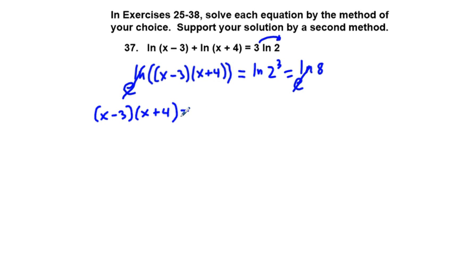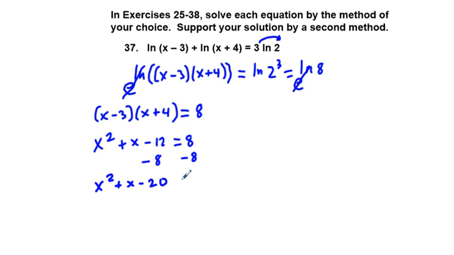is equal to 8. And multiplying through, we're going to have x squared, and we have negative 3x plus 4x, that's going to be plus x, and then negative 3 times 4 is going to be minus 12, equal to 8. Subtracting 8 from each side of the equation, we have x squared plus x minus 20 equal to 0.